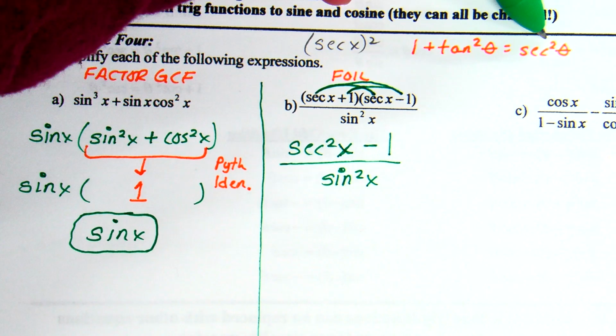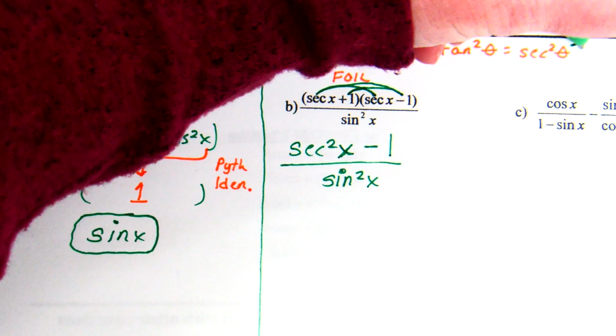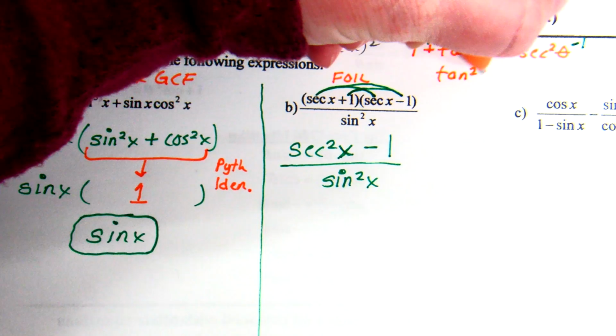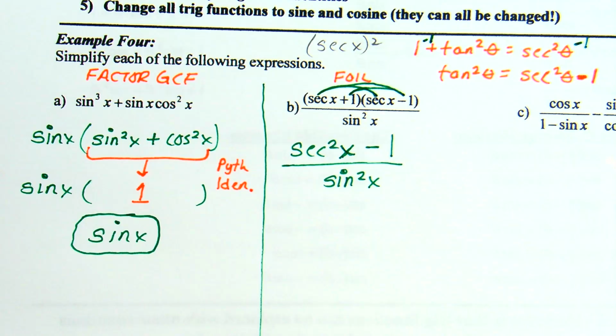Could I make this a secant squared minus 1? There's a positive 1 here, so I can subtract 1. If I subtract 1 there, subtract 1 there, we have rearranged this to write that tangent squared theta is equal to secant squared theta minus 1.